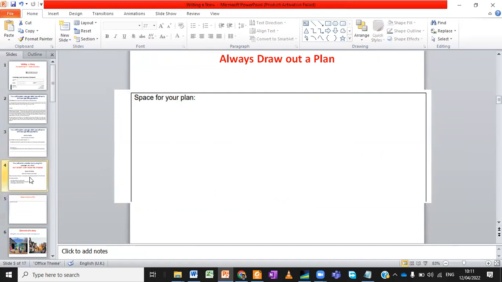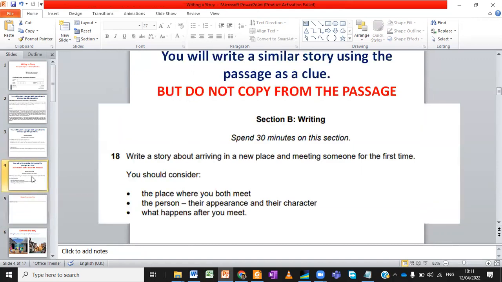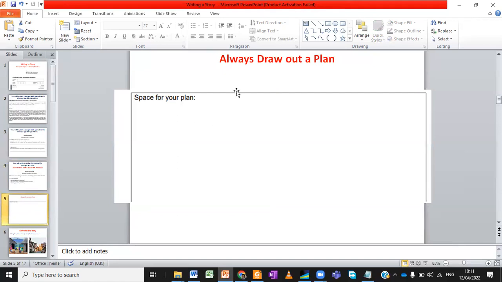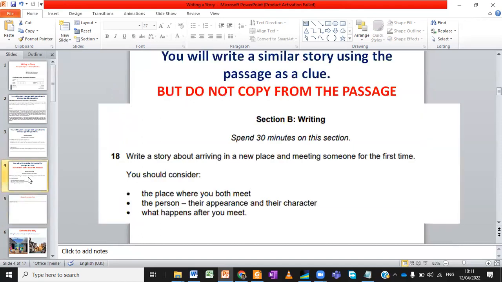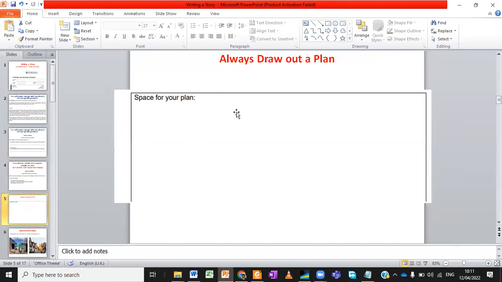Then the person, who is the person to you, your friend, your neighbor, just describe the neighbor, kind of character. Then what happens after you meet? You need to draw out your plan. They need to see your rough work, which you use to develop into the full story.